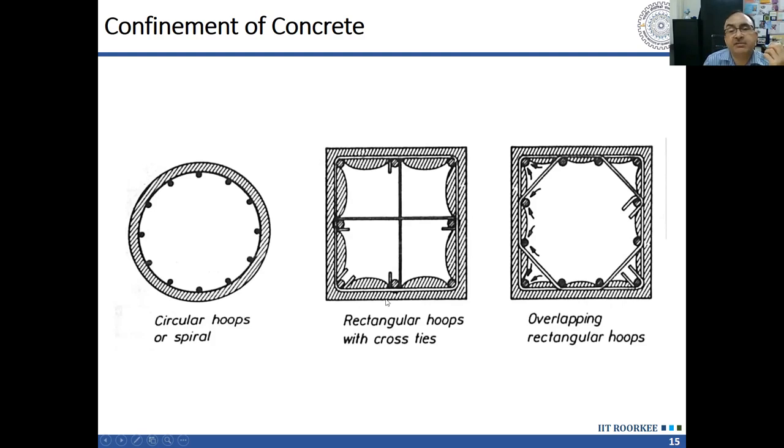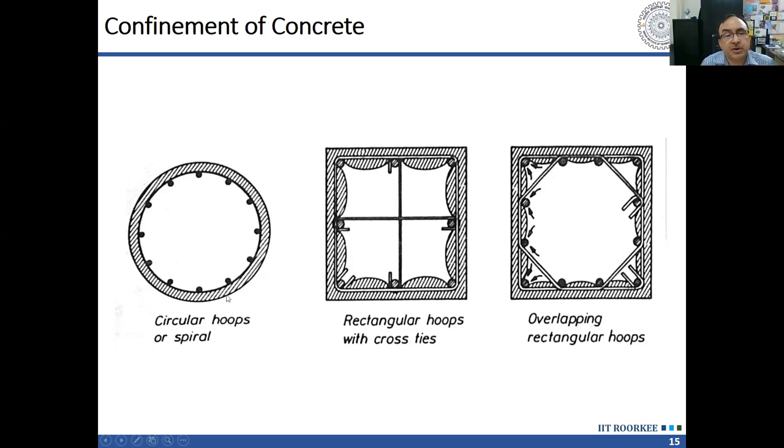On the other hand, if I have a square section like this, then what is going to happen? Due to Poisson's effect, when the concrete is trying to expand outward, this leg of this rectangular hoop will bend outward and it will try to become circular, because only then can it resist the radial pressure by axial load.